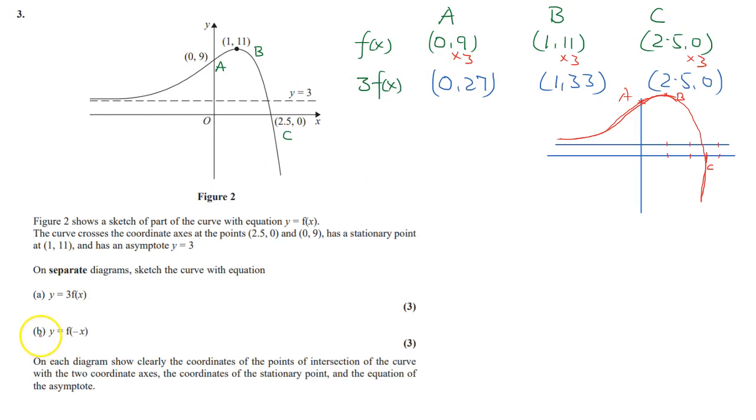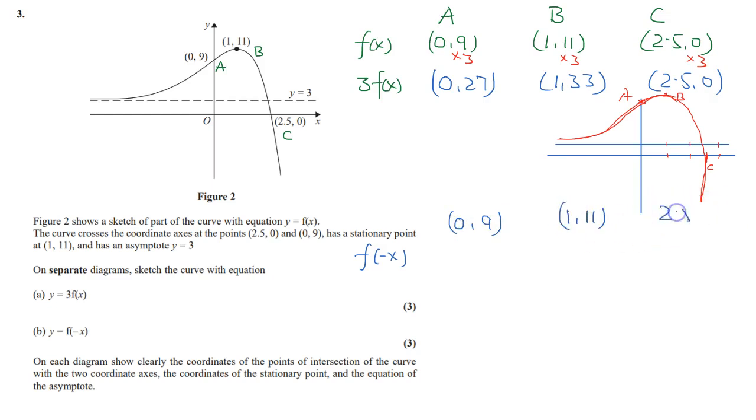Now let's talk about part B. So part B is asking for f(minus x). So our A point is 0, 9. Point B is 1, 11.